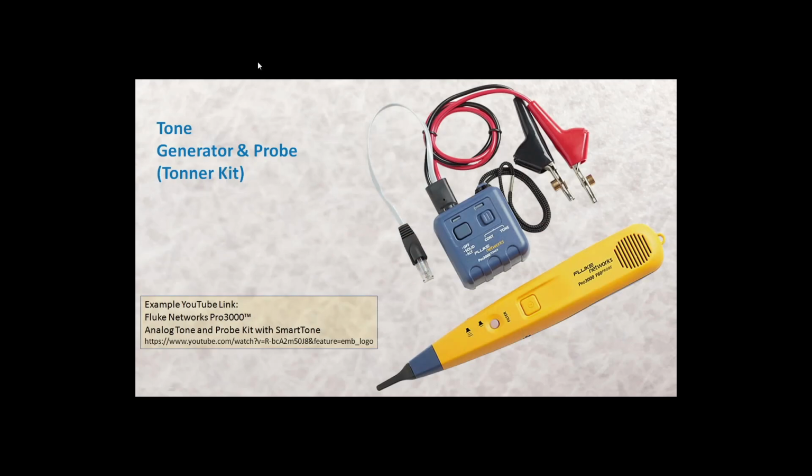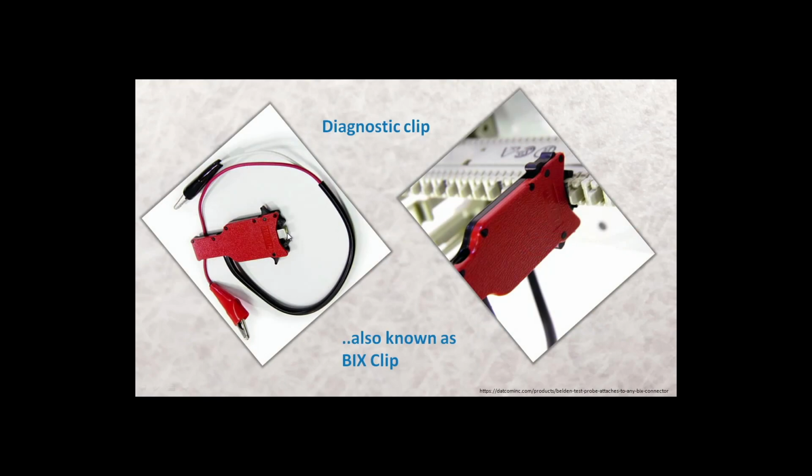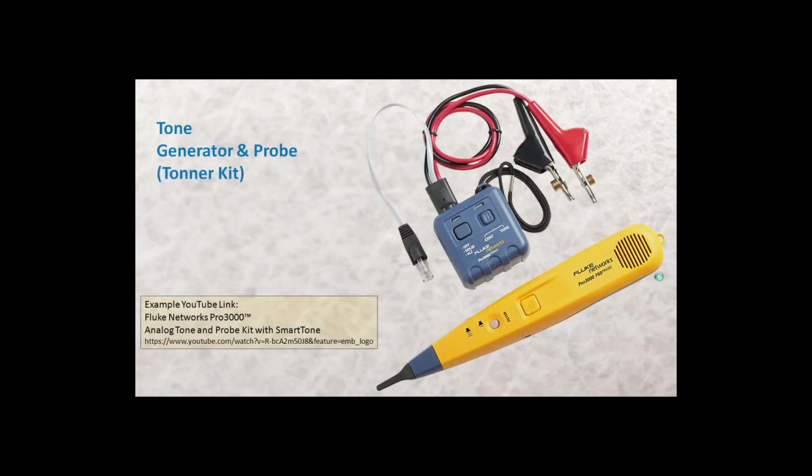Also, we have a tone generator and probe. Why will we need that? Well, if you remember this BIX clip right here, you can tap into a pair with this BIX clip, and onto these two, instead of connecting a butt set, you can connect a tone generator.